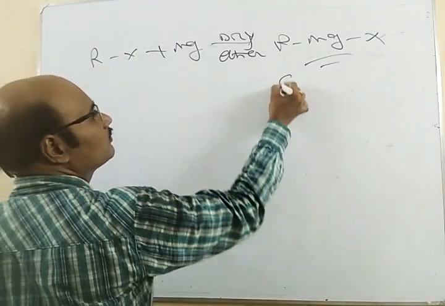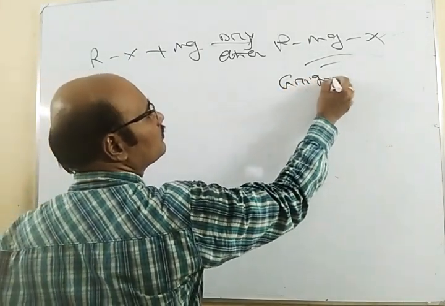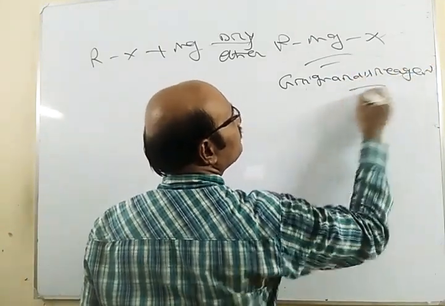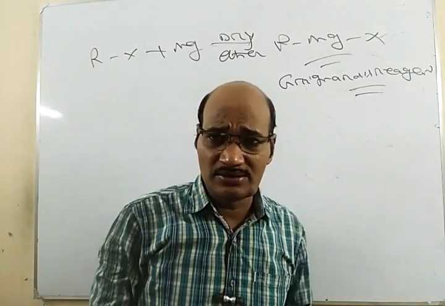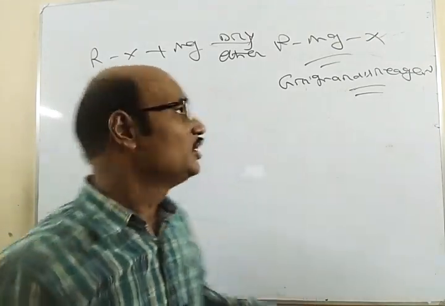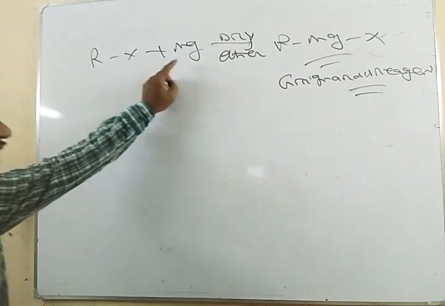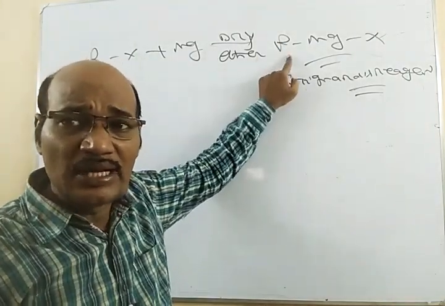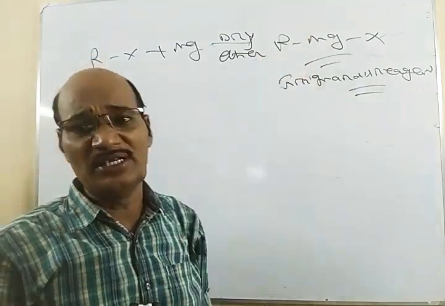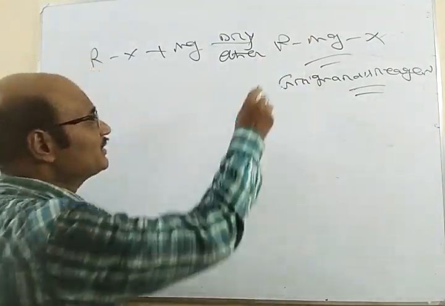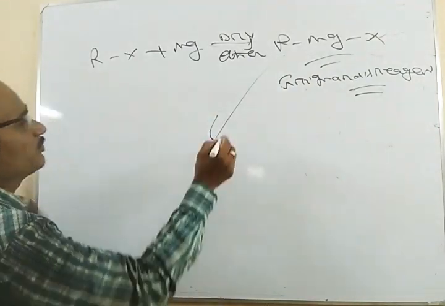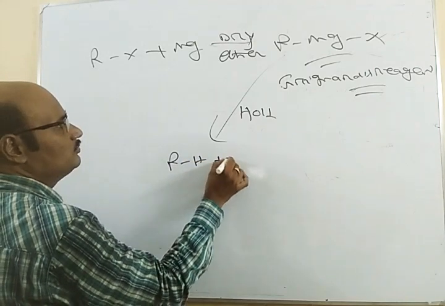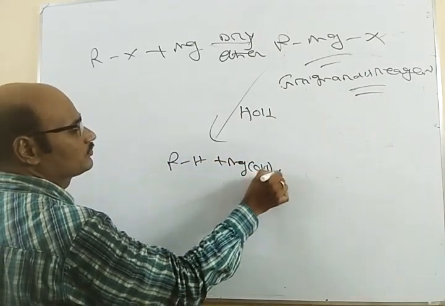This is called the Grignard reagent, and it has many synthetic applications. Haloalkanes react with magnesium metal in the presence of dry ether to give the Grignard reagent. From this Grignard reagent, if I take HOH, I can get RH plus Mg(OH)X.